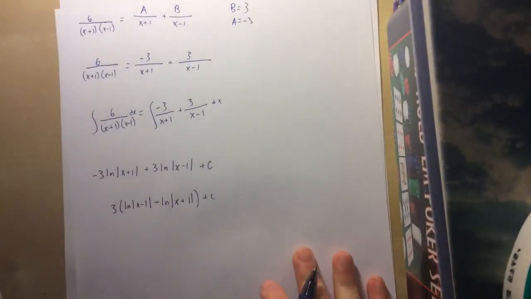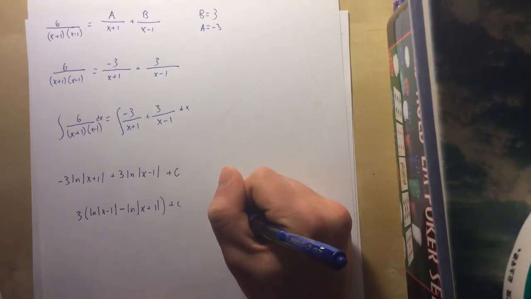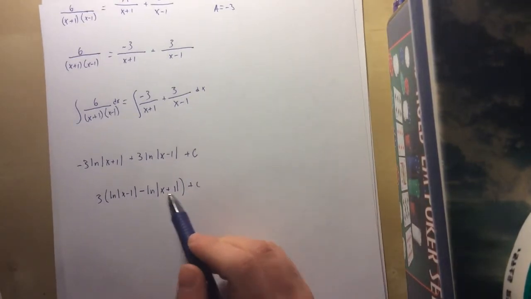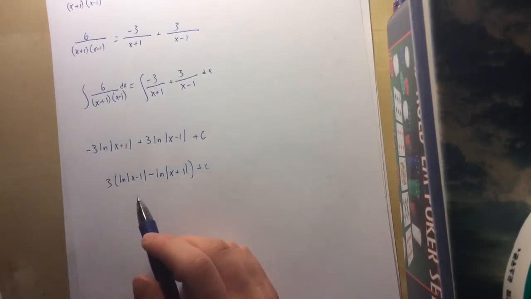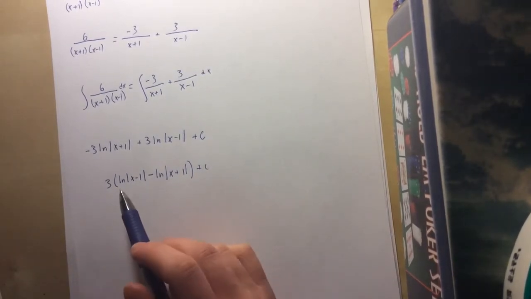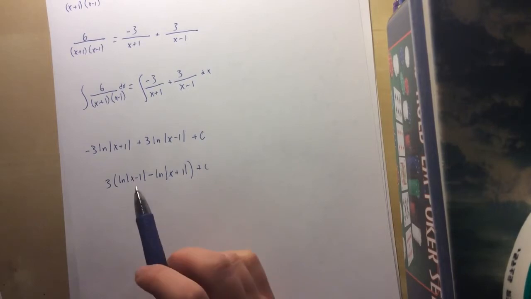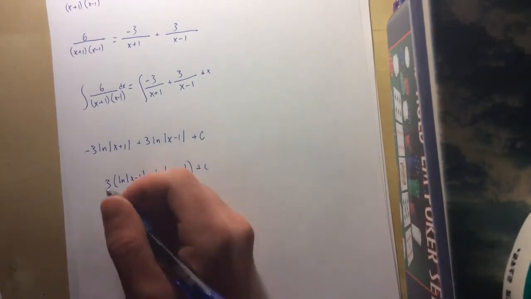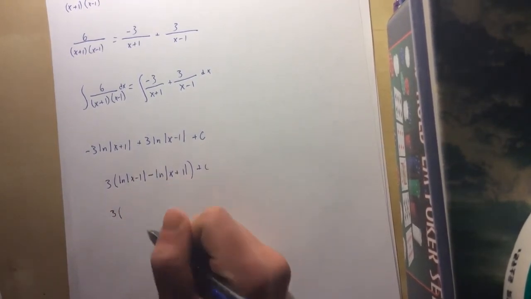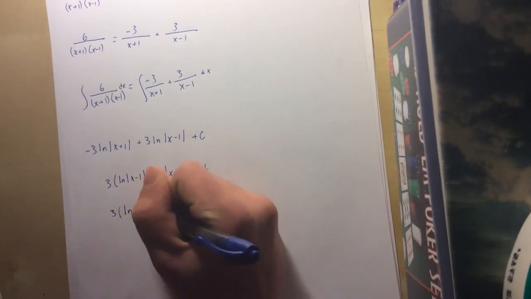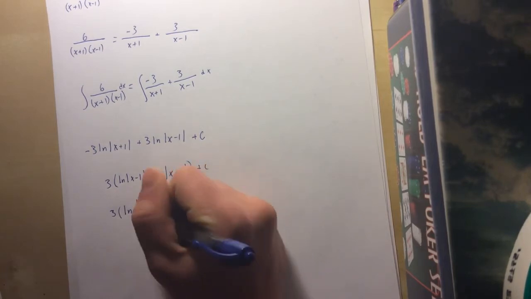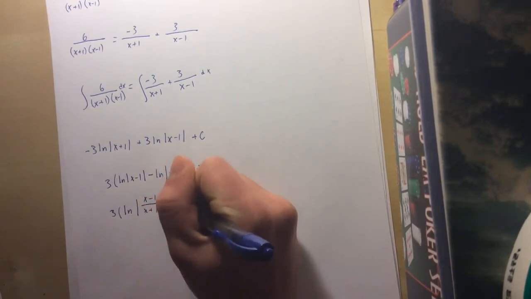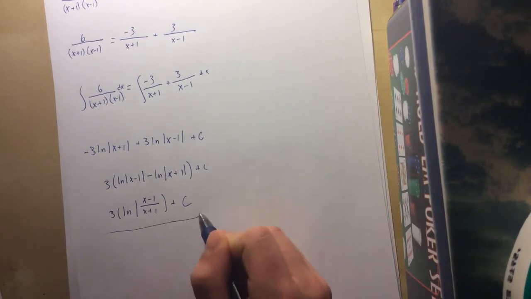If you remember your log rules, log of a minus log of b is equal to log of a over b. So we have 3 times the natural log of x minus 1 over x plus 1 plus a constant. And that's it.